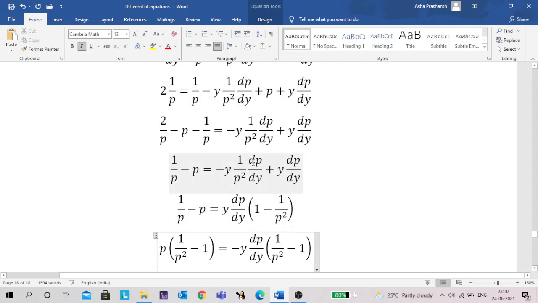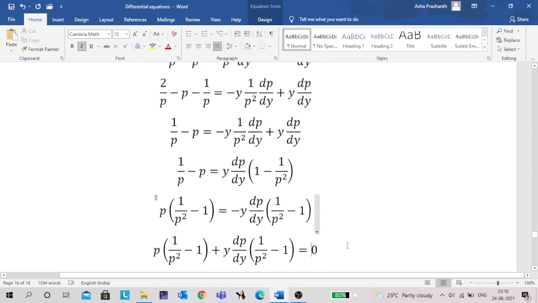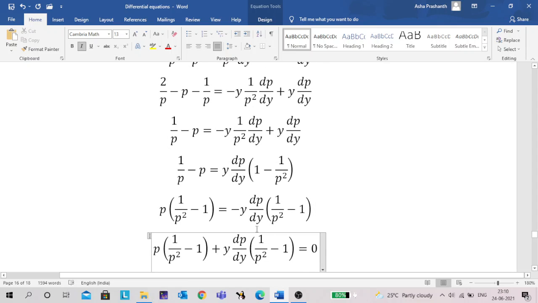So minus 1 by p square, right? Okay. If I take minus outside, so what I'll get 1 by p square minus 1. Here only you can write, if I take minus outside, you will write directly this step, not necessary to write this. Okay? So I'm taking this right hand side term into left hand side.